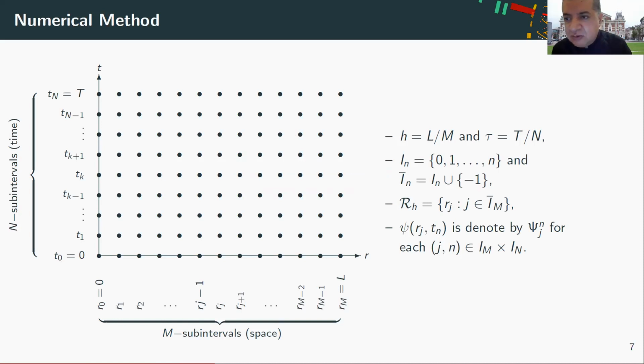The main idea of this work is to provide a numerical method in order to solve the problem presented previously. So we consider this regular partition for time and space, with n subintervals for time and m subintervals for space.